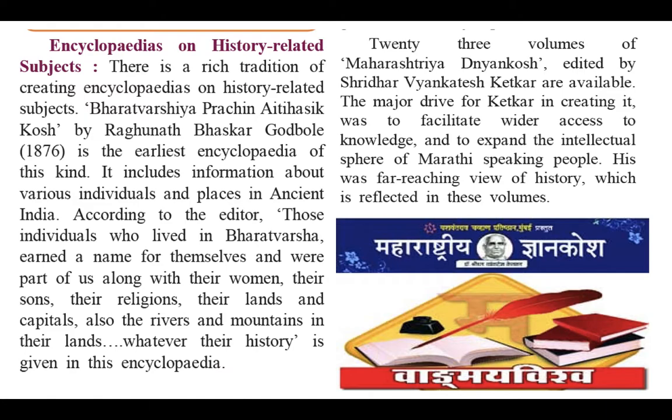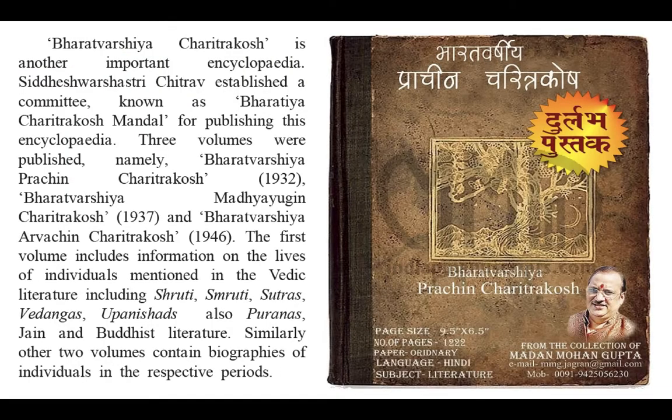Like we told you, encyclopedias were made with the aim of creating more curiosity amongst the people. Now, these 23 volumes, all right, were to provide information for the people so that they can be more learned, more informative. His was a far-reaching view of history, which is reflected in these volumes.